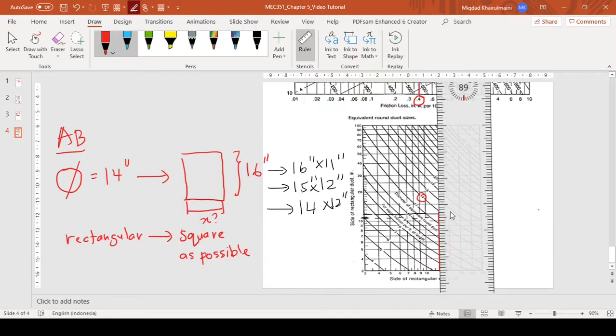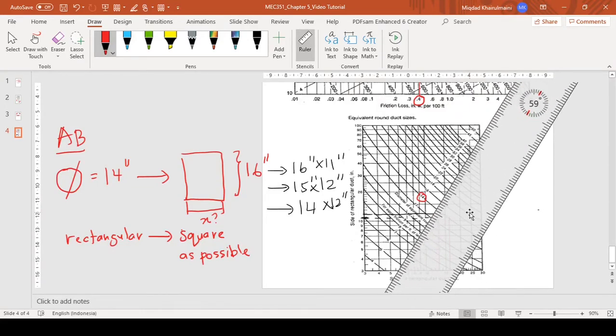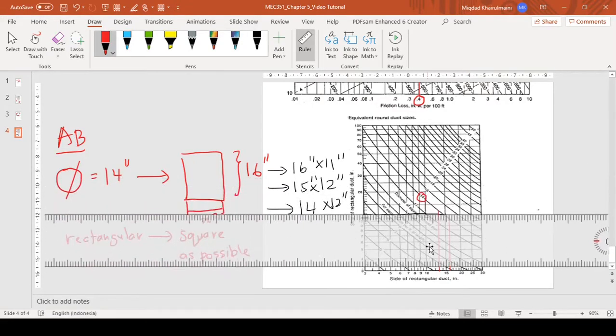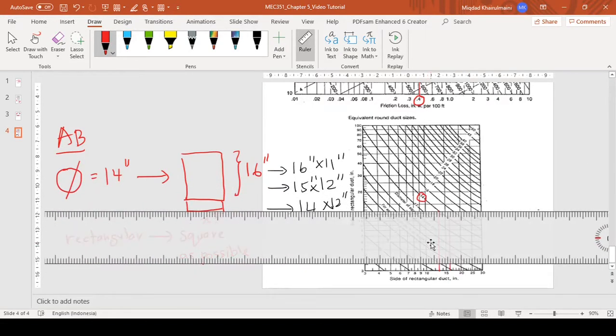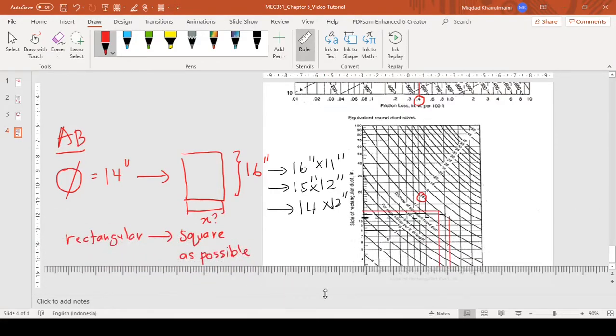Okay, so our intersection line is there. And if we draw our horizontal line, we can get that for 13 inches high, we can also get approximately 13 inches wide.